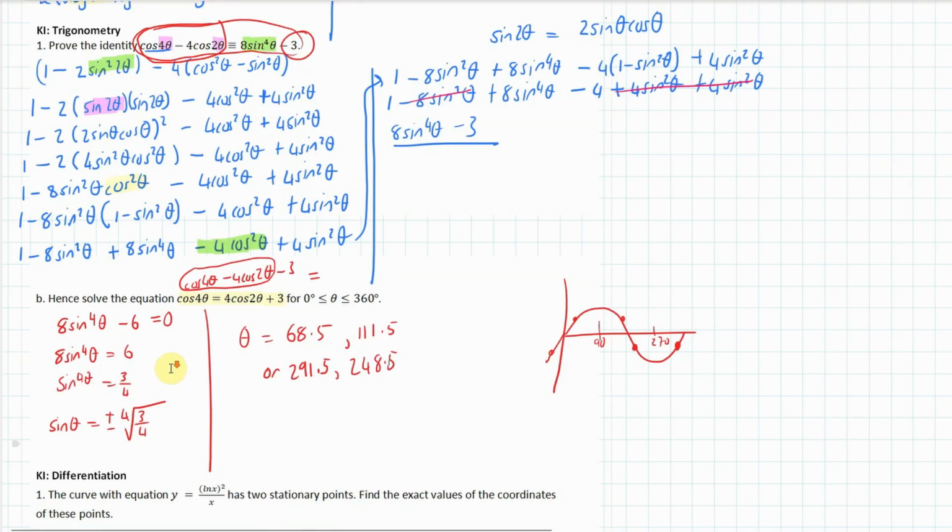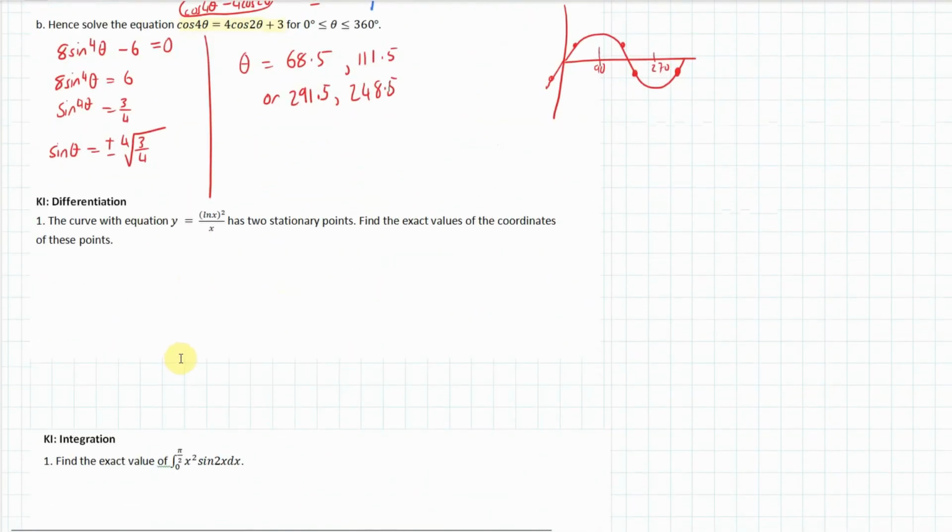Okie dokie. Now, moving on, what have we got here? We're trying to differentiate a curve with this equation. Okay. So you can see that we have to use the quotient rule, don't we? So I'm going to say that u is equal to ln x.